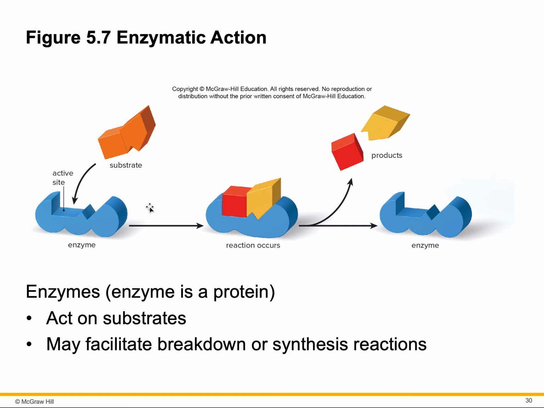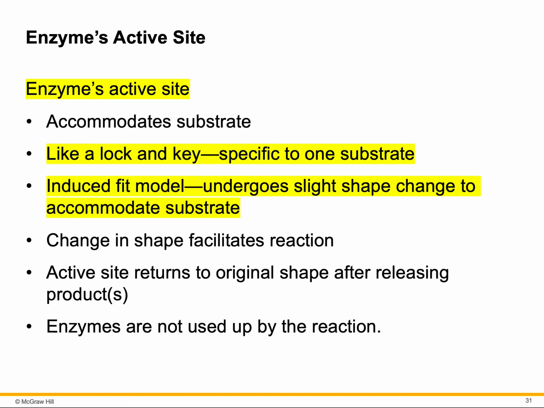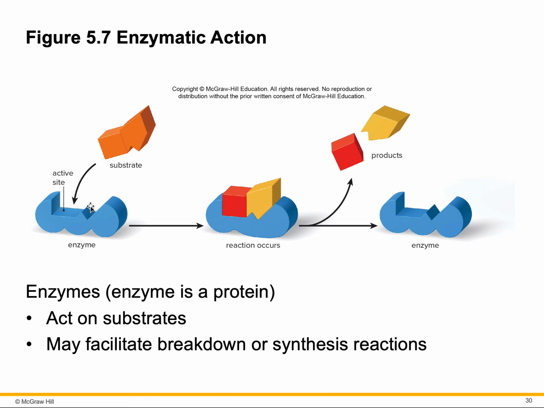But the other main thing is that they help speed up a chemical reaction. So what an enzyme has is what we call an active site, which is right here. This is where the substrate locks onto the active site. Once it locks on, the reaction will occur, and then it spits out these 2 different products.